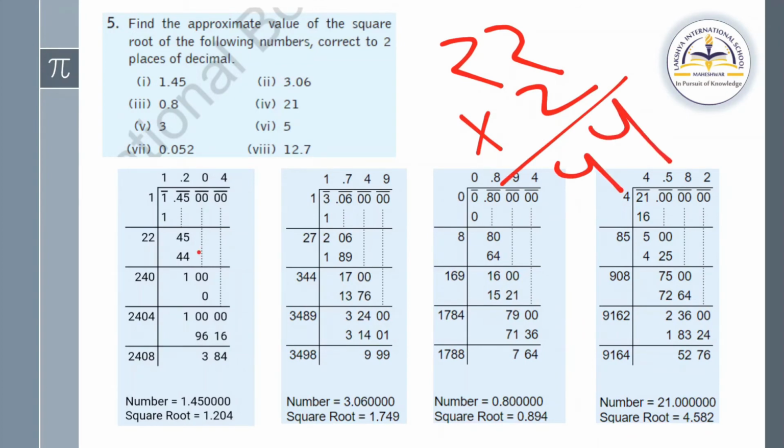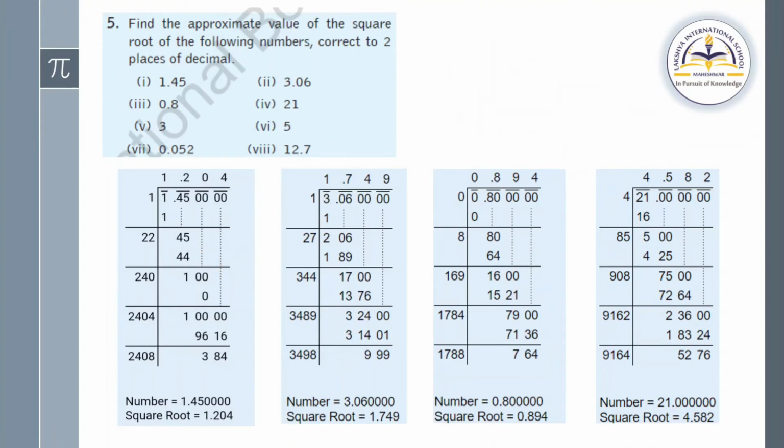So we have subtracted here 45 minus 44, we will get 1 here. Then 100, we have to take a new pair. Now 100. Now again we have to solve for this and take a new pair. So when we solve this completely, we will get our answer, that is 1.204.